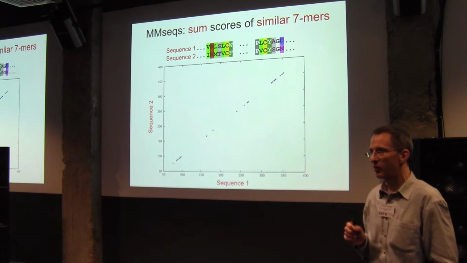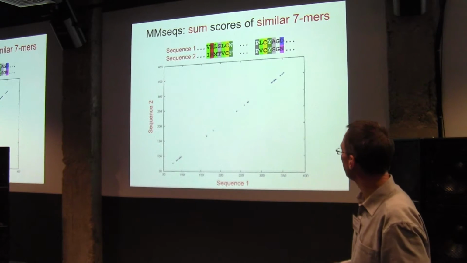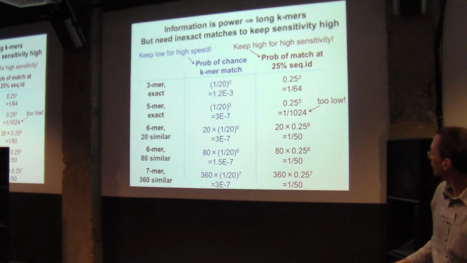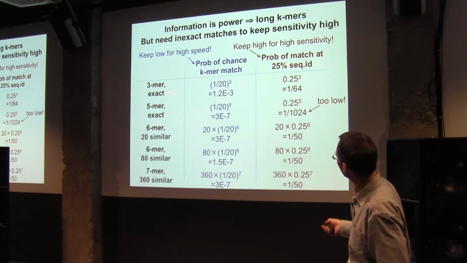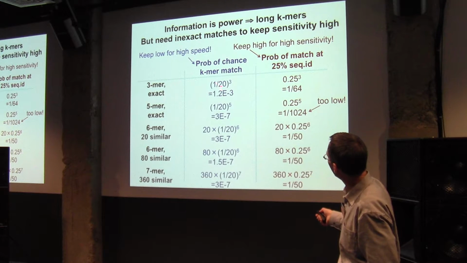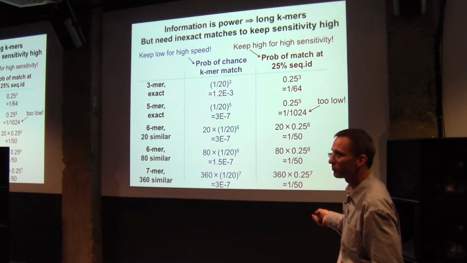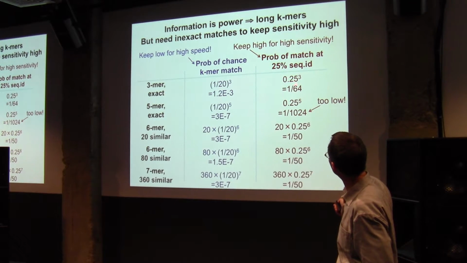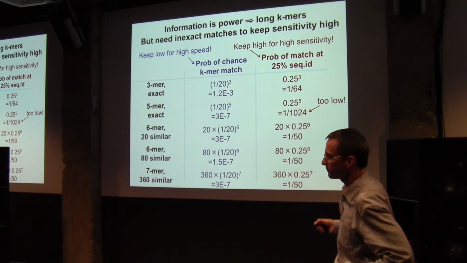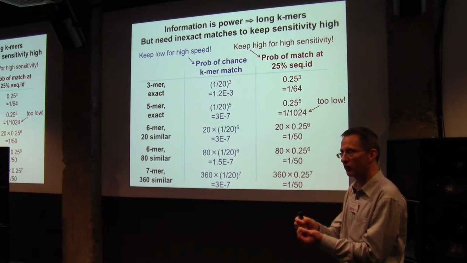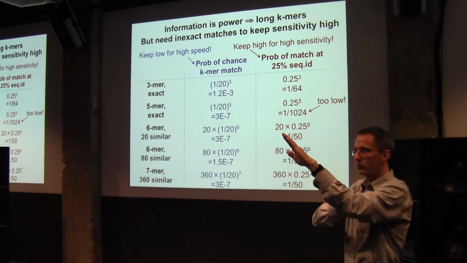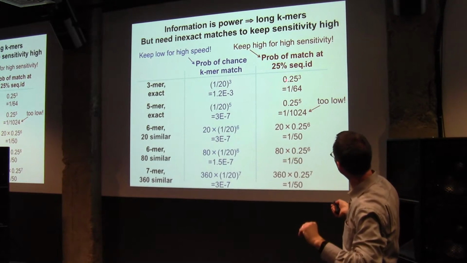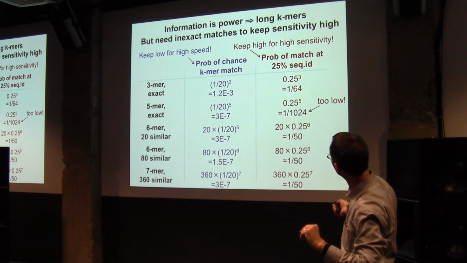So this is, I would say, maybe the most important idea in MMseqs. And another way to show this is that with 3-mers, you roughly get 1/20 chance of a random hit, right? 1/20 to the power 3. And if you have homologous sequences, with 25% sequence identity, the probability to have 2 amino acids match in the region of the alignment is 0.25 to the power 3, so it's 1/64.